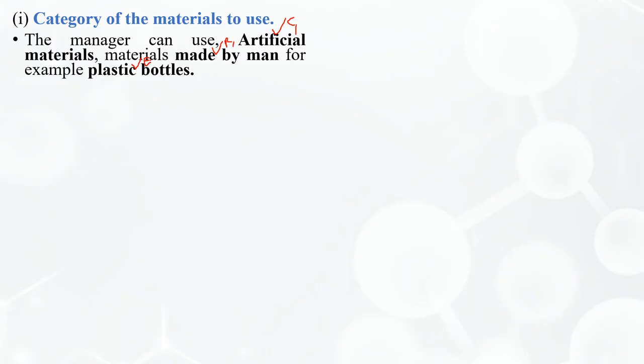There is a learner who gave an answer to this question and said, can use synthetic materials, materials made by man, for example, paper bag. Now, a paper bag, can it be used to carry juice? Papers are porous. They allow water to pass through.